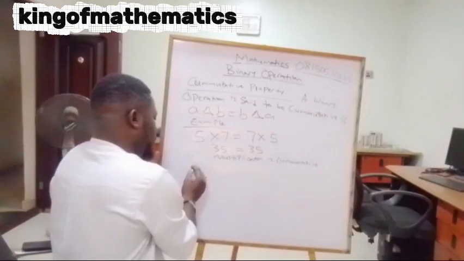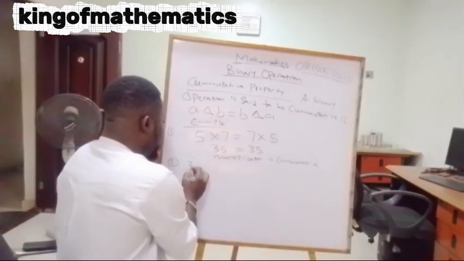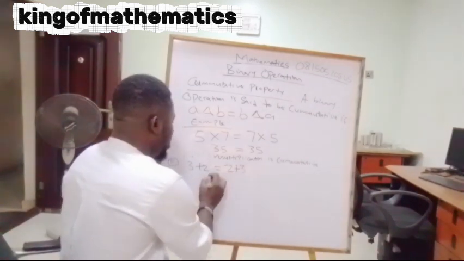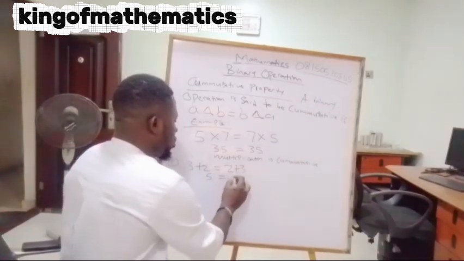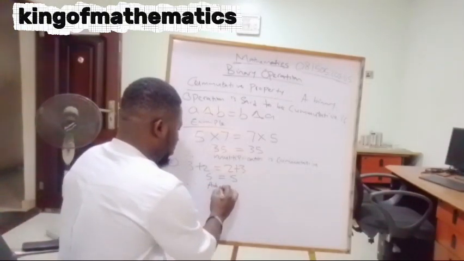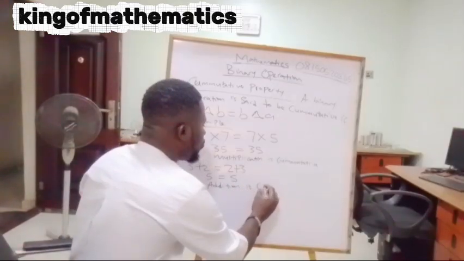Also, example 2: if I do 3 plus 2, you see that it's the same thing as 2 plus 3. This will give you 5 equals 5. Therefore, addition is commutative.